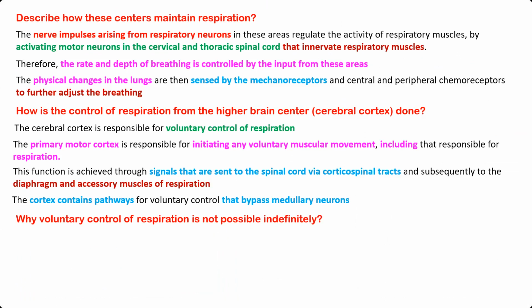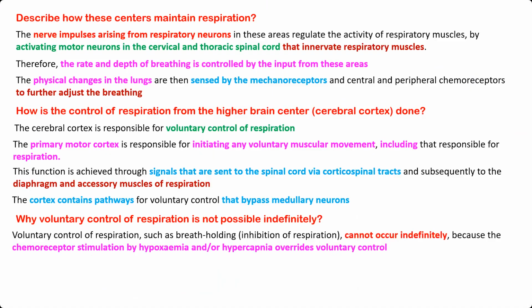So voluntary control of breath holding cannot occur indefinitely because chemical receptor stimulation by hypoxemia and hypercapnia overrides the voluntary control. Okay, that is the reason. Both hypoxemia and hypercapnia will stimulate the brain to induce respiration again.